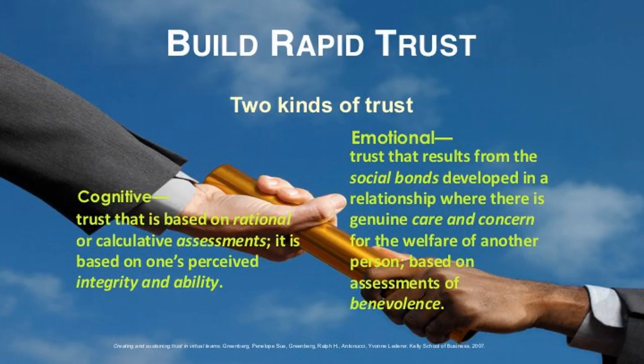Emotional trust is the product of the bonds that come when people sense that others care about them. And it's crucial for long-term productive relationships. Team members who demonstrate high levels of emotional intelligence will reach higher levels of performance than their counterparts. And remember, people don't follow people they don't trust.